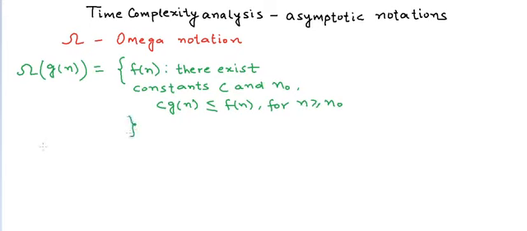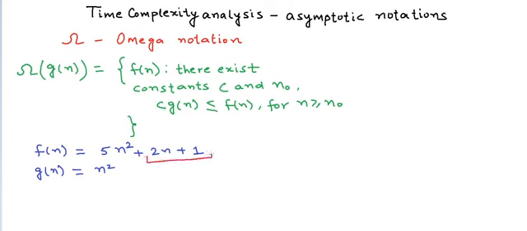Let's pick up an example again, and let's pick up the same example that we had picked up the last time. Let's say our function f(n) is 5n square plus 2n plus 1, and our function g(n) is n square. Now for all n greater than or equal to 0, this 2n plus 1 will be greater than or equal to 1.